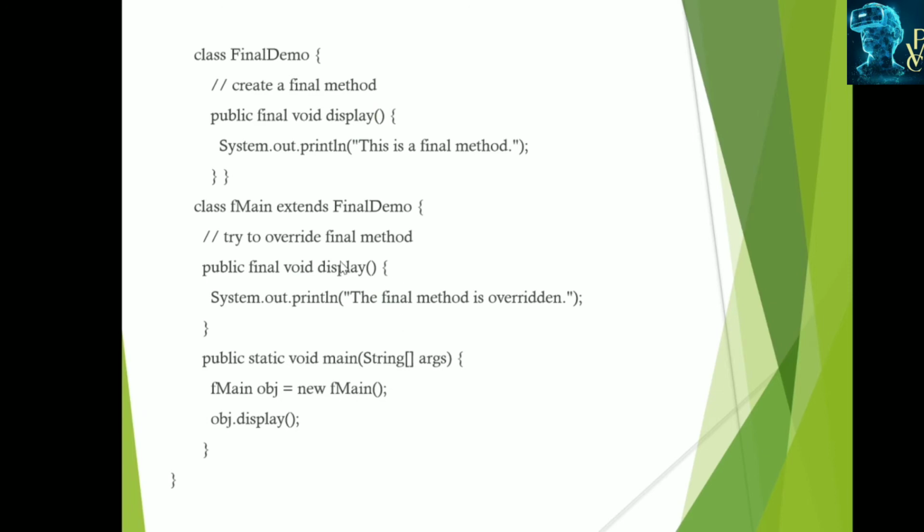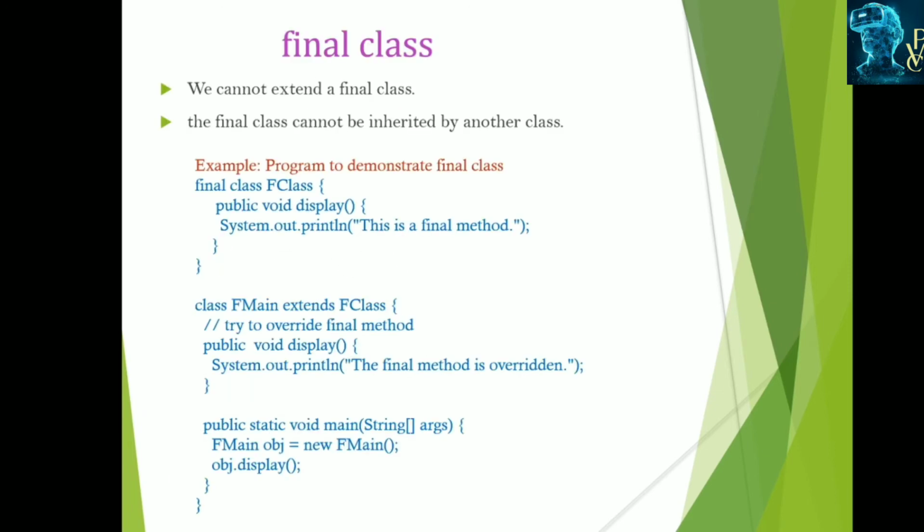And next is the final class. A final class means a class which cannot be extended. In Java, one class can be used as many times as the user needs, so one class can be used as the parent for many classes.